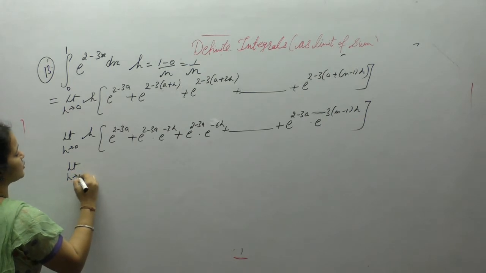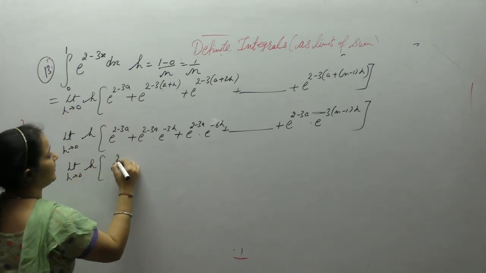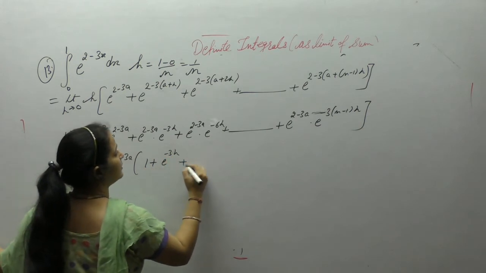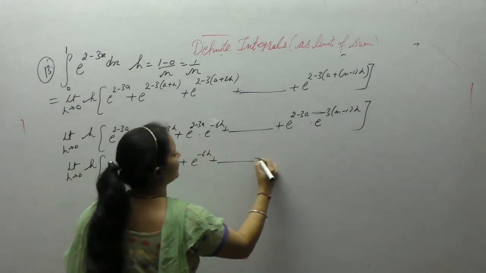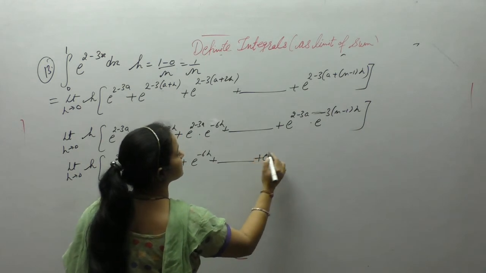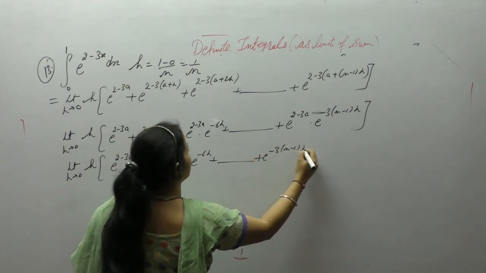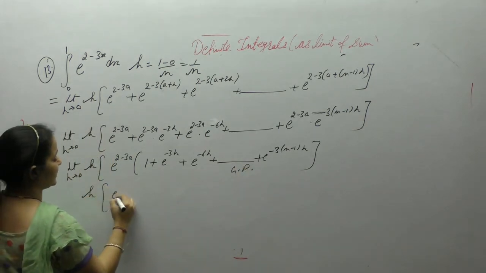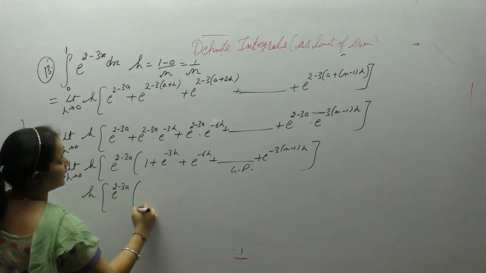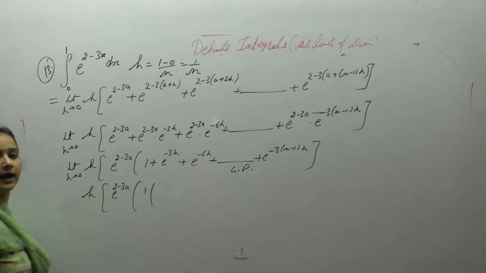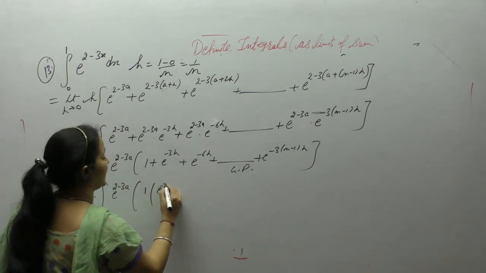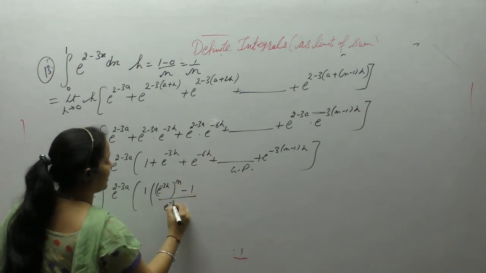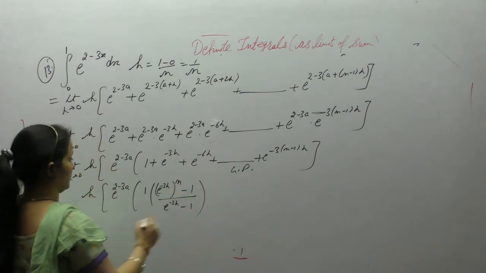Limit h tends to 0, e power 2 minus 3a times 1 plus e power minus 3h and so on up to e power minus 3 into n minus 1 into h. This is again a GP with common ratio. First term 1 and common ratio e power minus 3h. r power n minus 1 upon r minus 1.